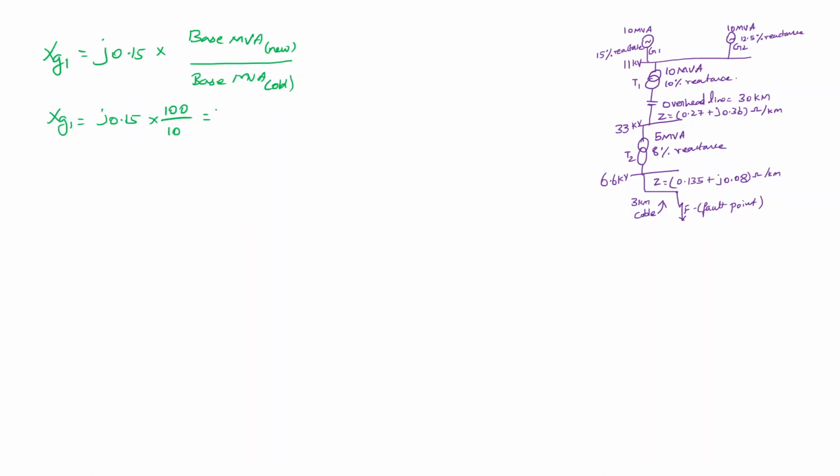So the value is j1.5. Similarly, please everyone find out XG2 also. The value is j1.25. And for T1?